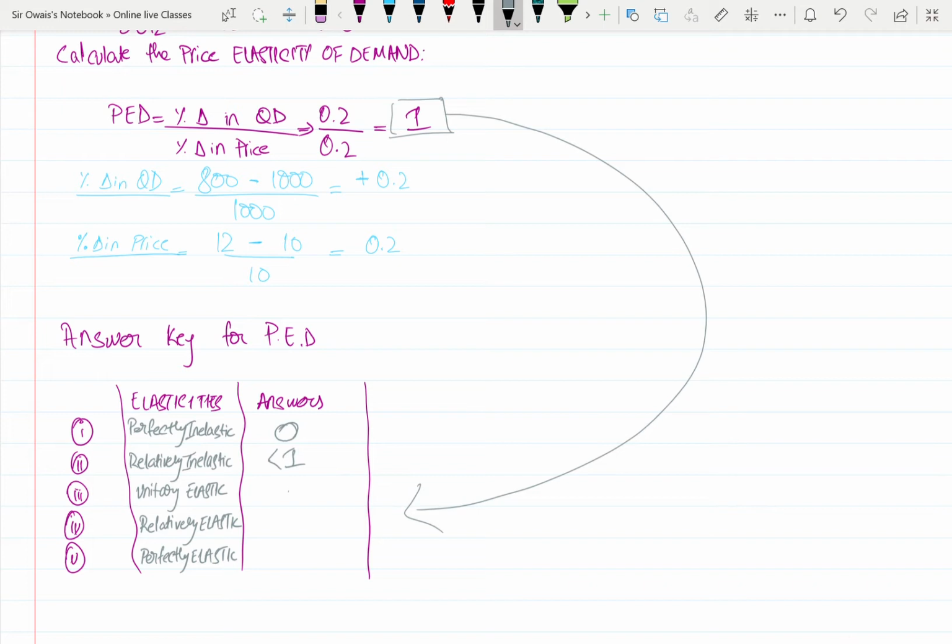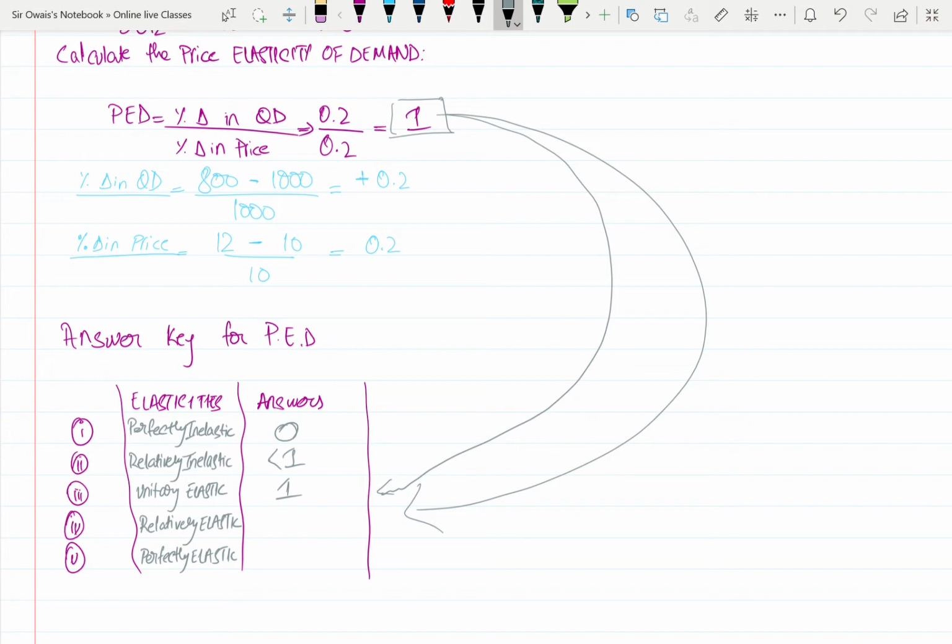And if your answer comes 1, as in the above case, your elasticity would be unitary elastic. Are we getting it?